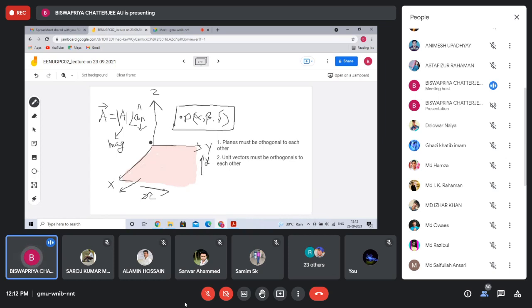However, z is constant; z is placed at a particular height. Now, first of all, what will be the unit vector of the surface? It is a z equals constant surface.